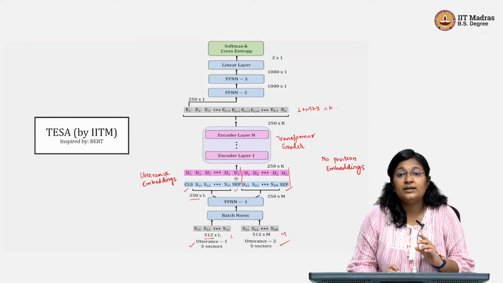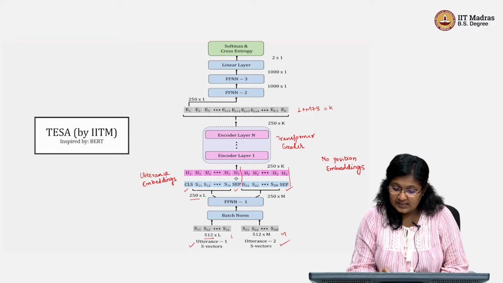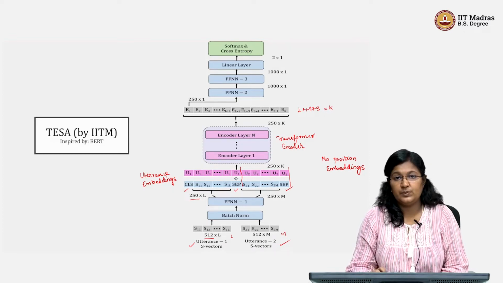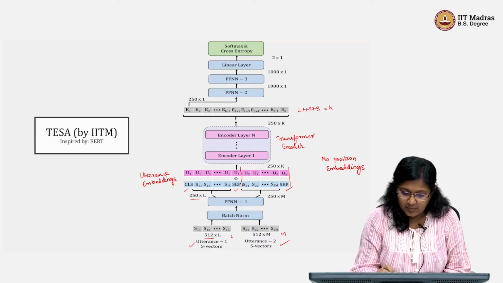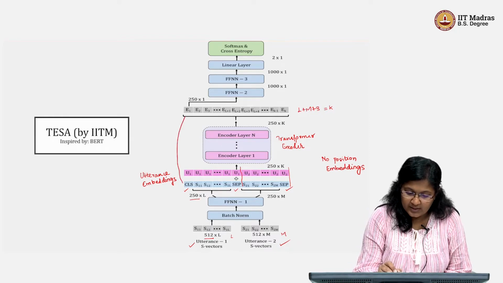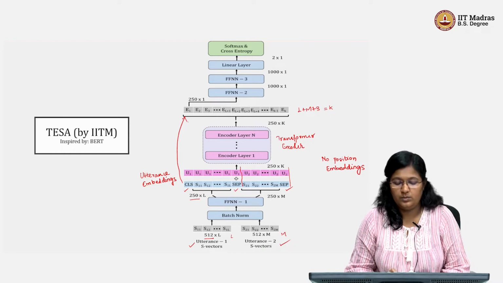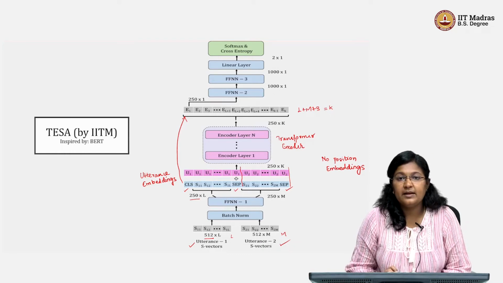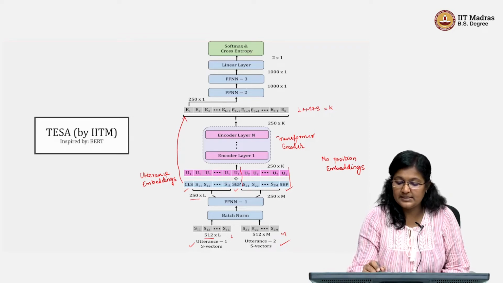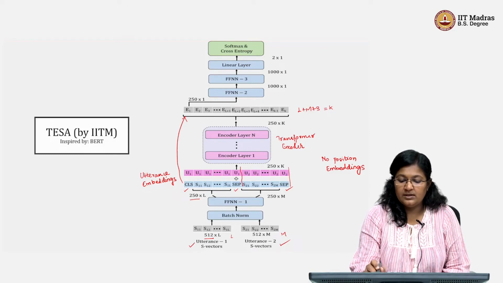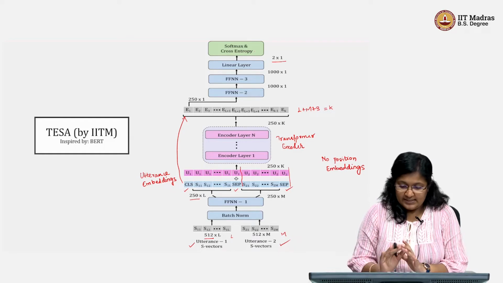Because we are interested only in saying whether these two sets of S vectors belong to the same speaker or not, we are worried about the corresponding element of the CLS alone, okay. So E1 is the element that corresponds to the CLS. We take that element alone and pass it to 2 feed forward neural networks, and then finally to an output layer with just 2 nodes, and then perform a cross entropy on it, okay.